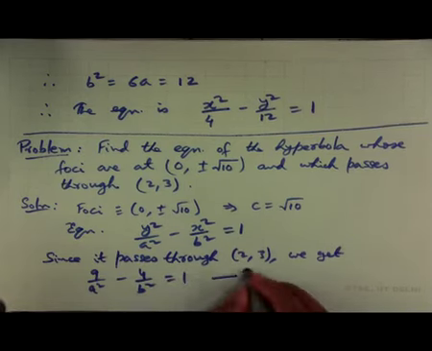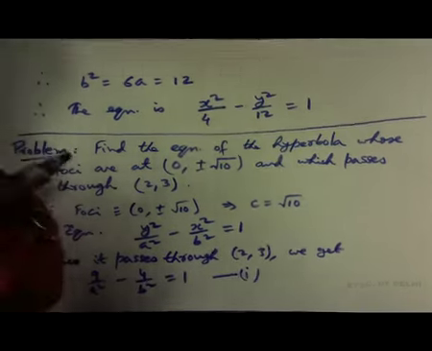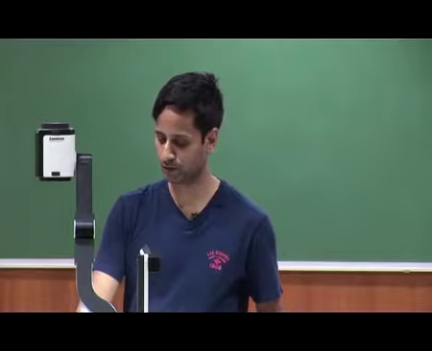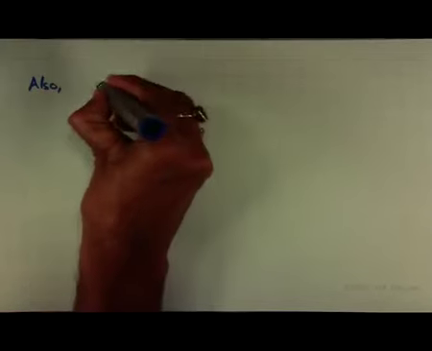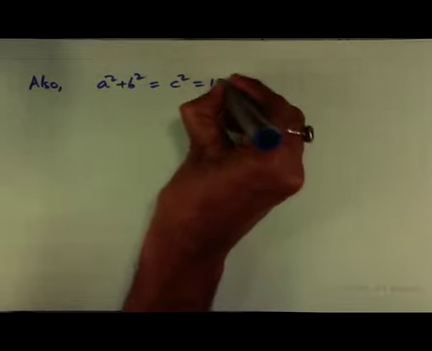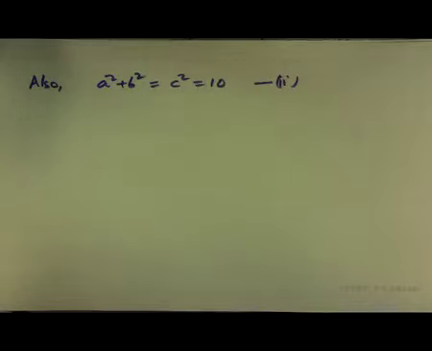This is equation 1, and the second equation we get in terms of a and b by using c equal to root 10. Also, a square plus b square equal to c square, which is 10. This is my equation 2, and using 1 and 2 we can solve for a square and b square.